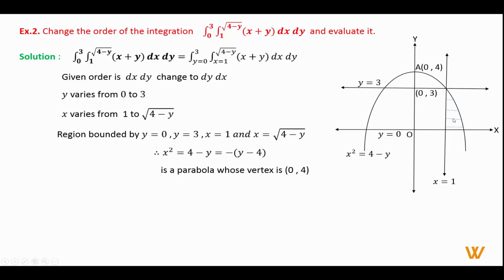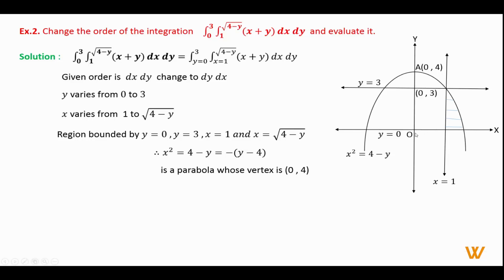Now in this region x varies from x is 1 here. Now find here the value of x. This is the x-axis, so y is 0. Put the value of y is 0 in the equation of the parabola. We get x square equal to 4, so x is plus 2 or minus 2.